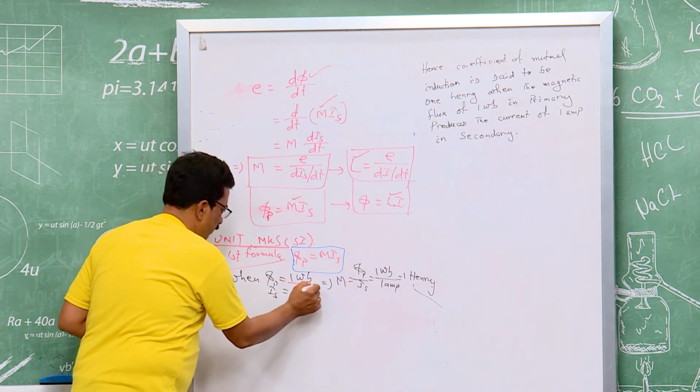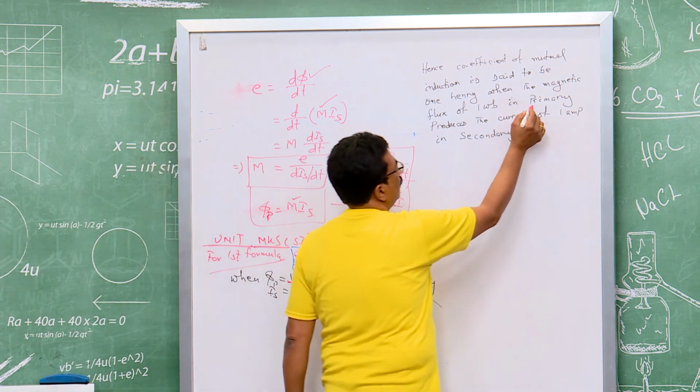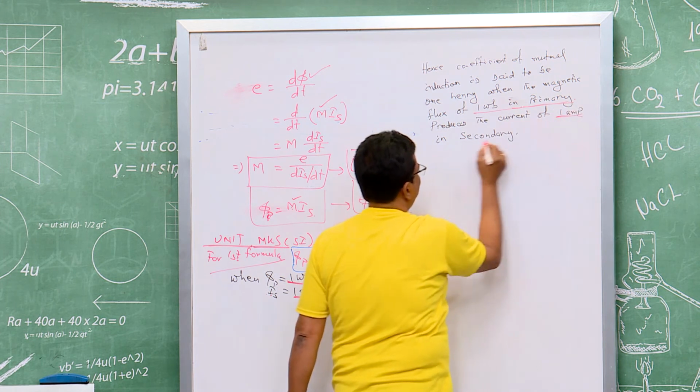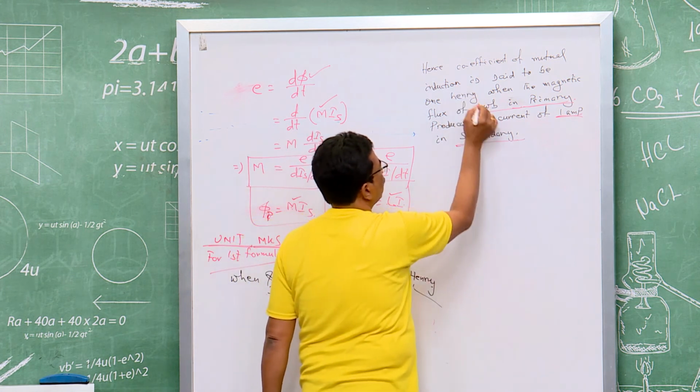You see, when phi p is 1 Weber and the current is 1 ampere, that is 1 Weber in the primary and 1 ampere in the secondary. So, this is for the mutual one.